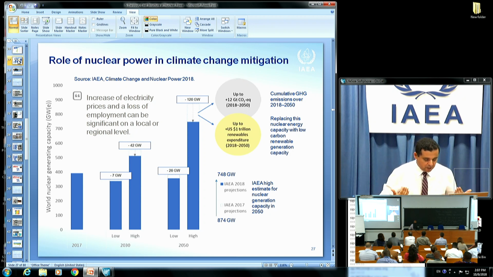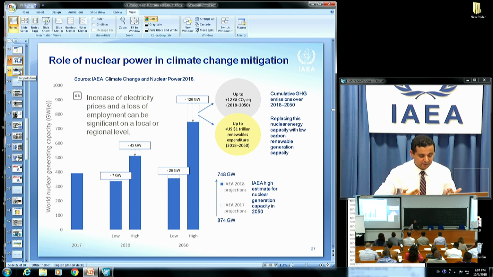And if the objective is to reduce these emissions, which are associated with a decrease in the role of nuclear power, and we want to achieve this objective thanks to renewables, we have to invest something like 1 trillion in renewable energy in order to achieve the same objective of reducing these 12 gigatons of CO2 equivalent.